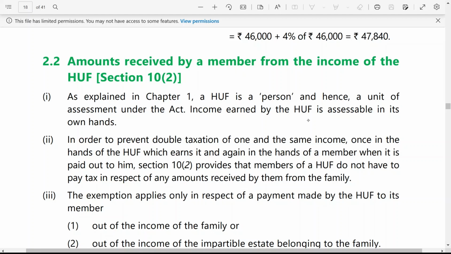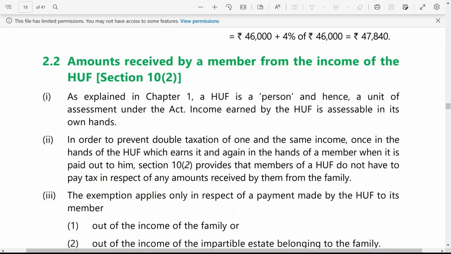That is the logic. In order to prevent a double taxation of one and the same income, once in the hands of the HUF which earns it and again in the hands of a member when it is paid to him, section 10 subsection 2 provides that members of a HUF do not have to pay tax in respect of any amount received by them from the family.